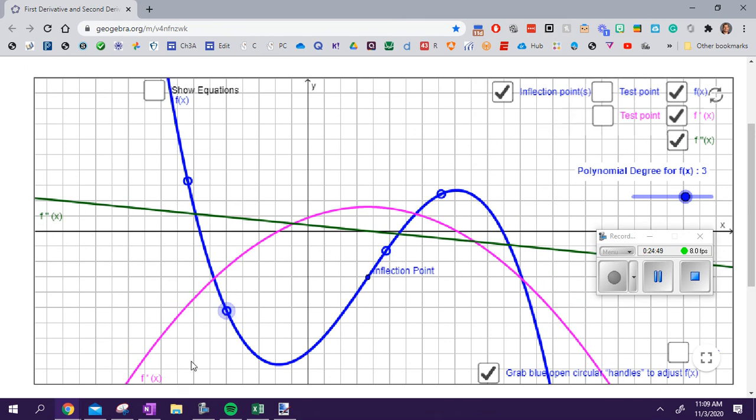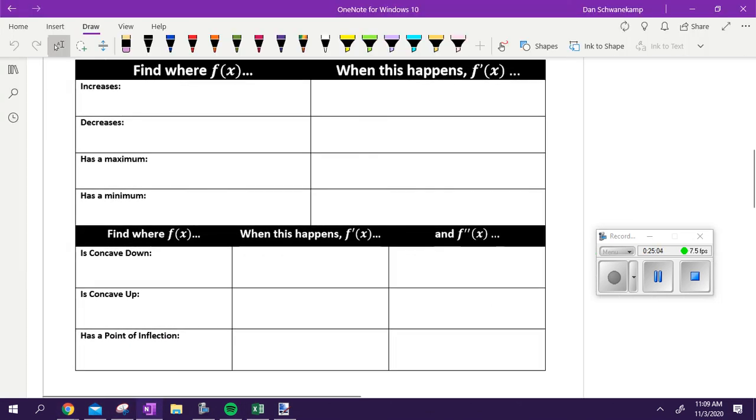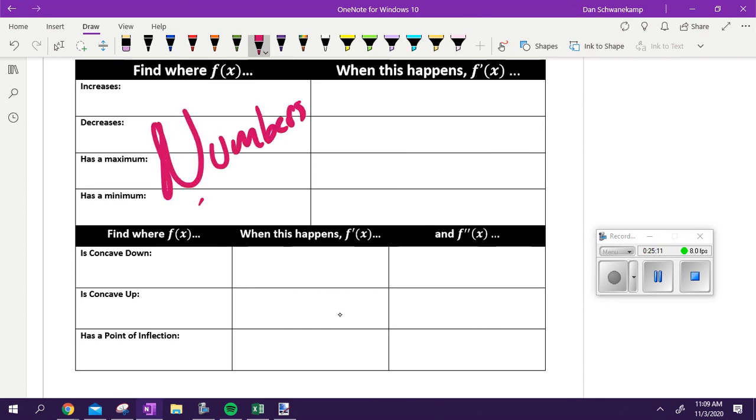But there it is. So what I want you to do on your paper is graph the original graph, the derivative, and the second derivative as best you can. It doesn't have to be perfect, but you're trying to match it up. Once you've graphed that, you're going to answer these questions down below based on that. In these first columns, you are putting the numbers, based off of your graph.